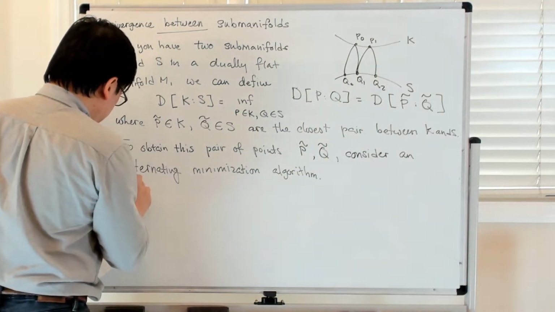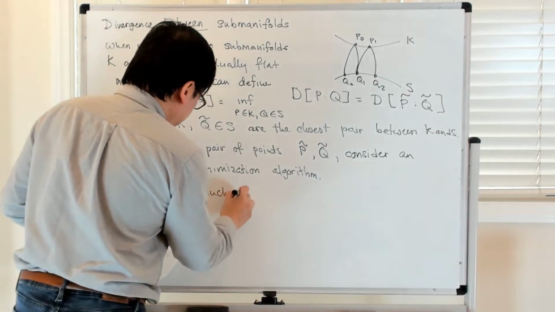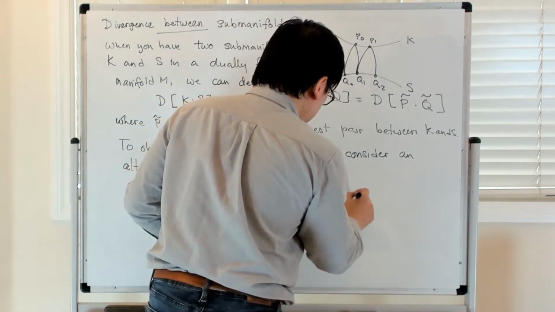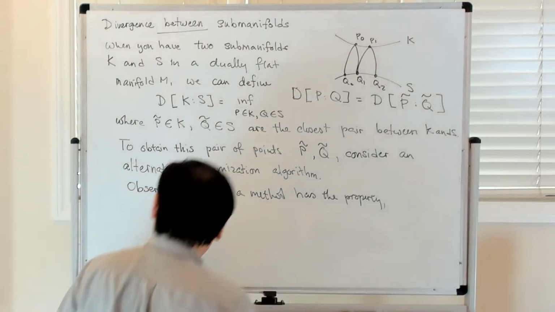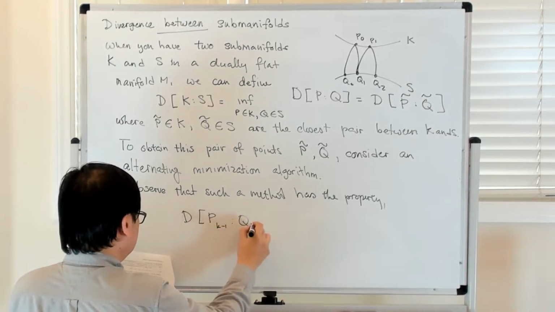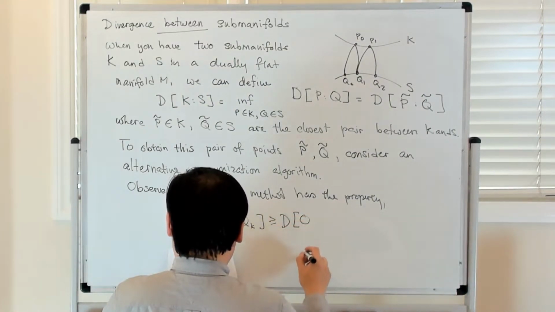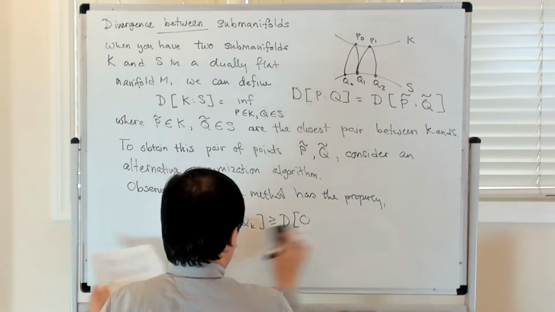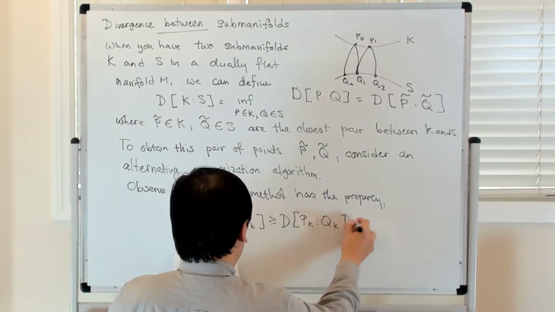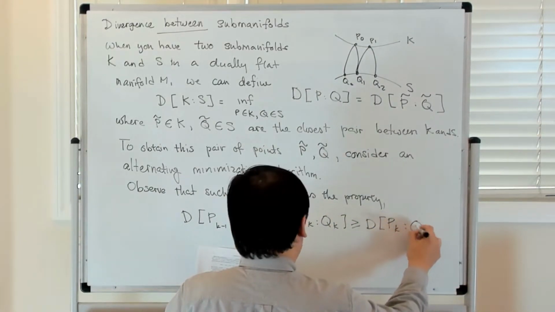So you can observe that such a method has the property that the divergence between P_{k-1} and Q_k is greater than or equal to the divergence from P_k to Q_k, which is greater than or equal to the divergence from P_k to Q_{k+1}.